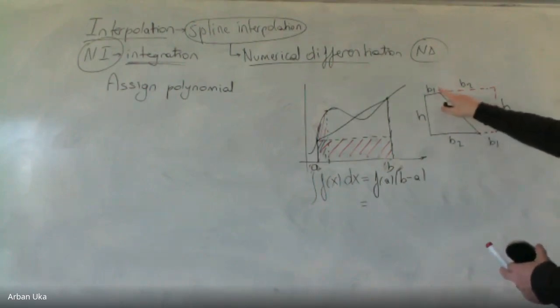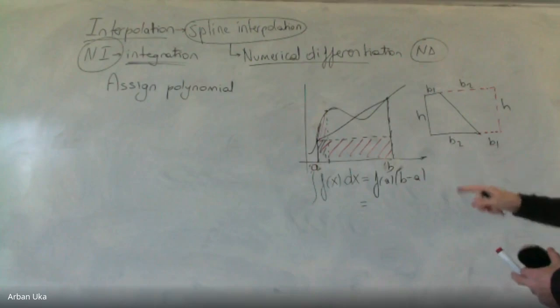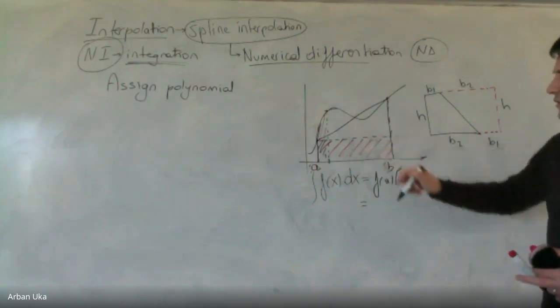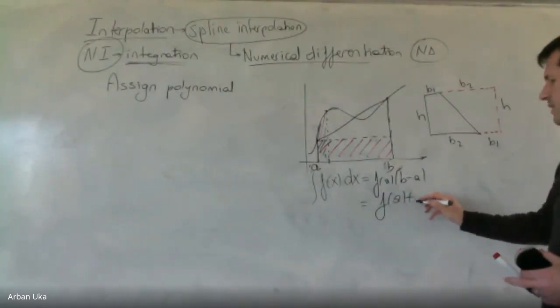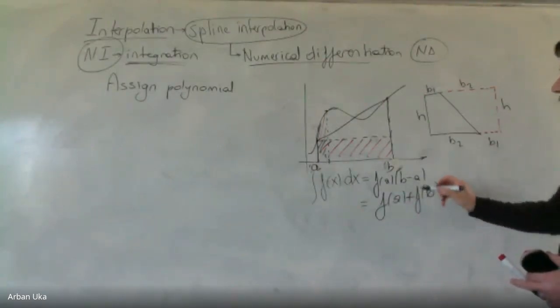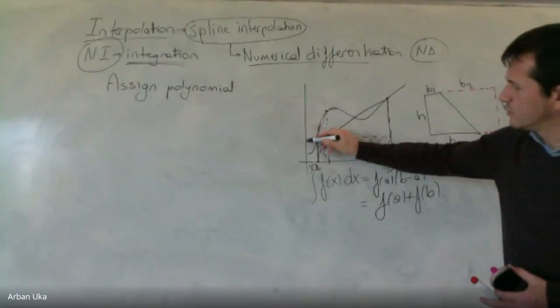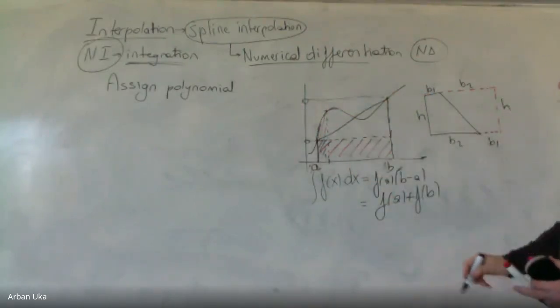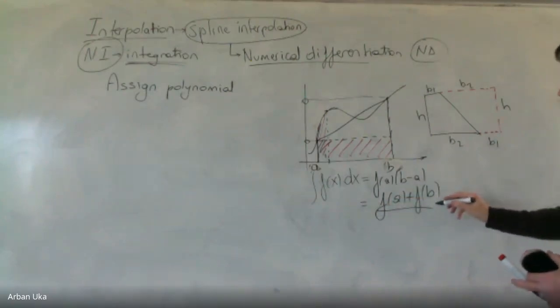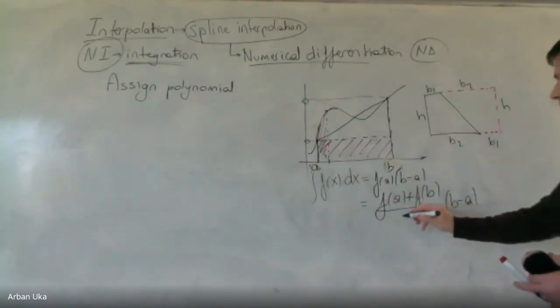The total area is B1 plus B2 times the height, but then we have to divide by 2. So in this case, it is going to be f(a) plus f(b), which means this height here plus this height here, times (b minus a), divided by 2.